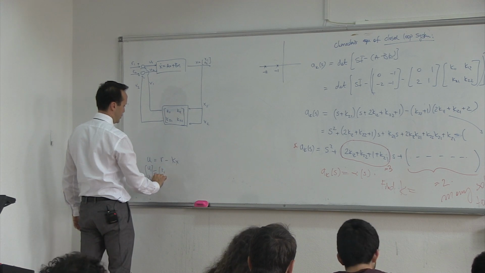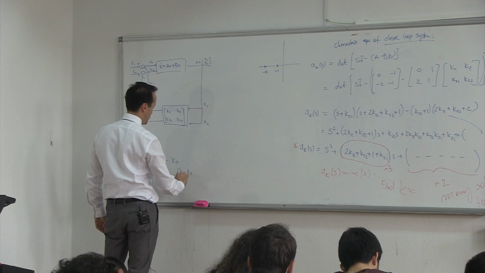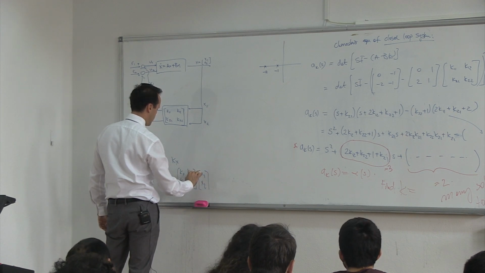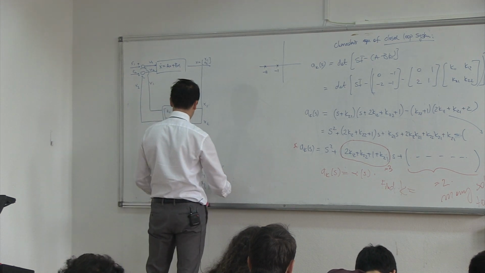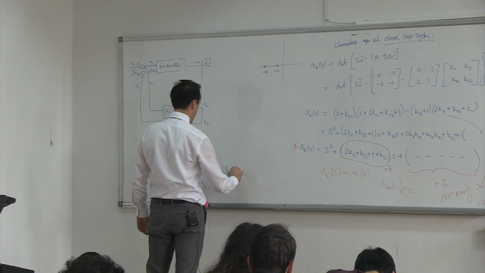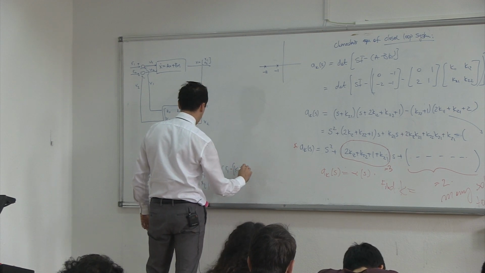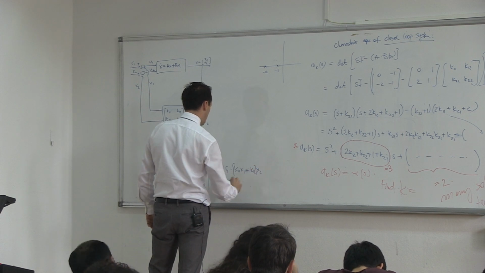R1, R2 minus K11, K12, K21, K22 times X1 and X2. This is what happens. Therefore, that is equal to R1 minus K11 X1 plus K12 X2.